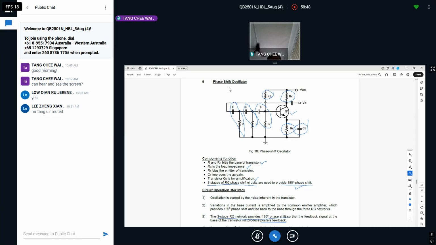Anybody wants to try? One stage, how many degrees of phase shift will you get? If 3 gives you 180, 1 will give you how many degrees?